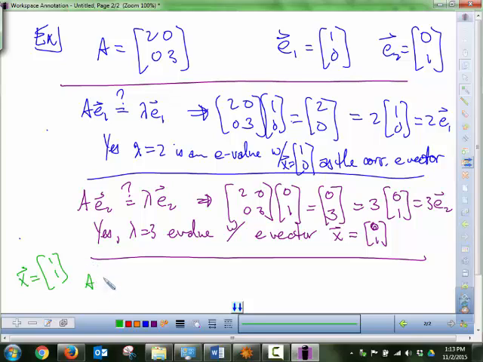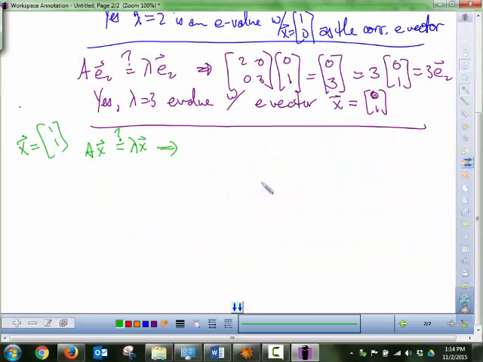So let's say, is A times x equal to lambda times x? Let's do the calculations here. 2, 0, 0, 3 times 1, 1. And that's 2 and 3. Now, is this 2, 3?